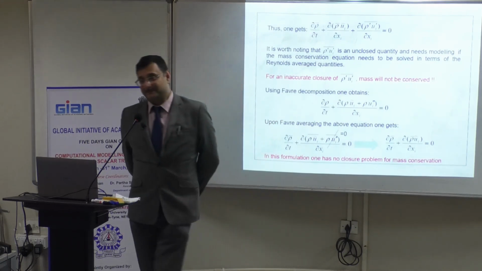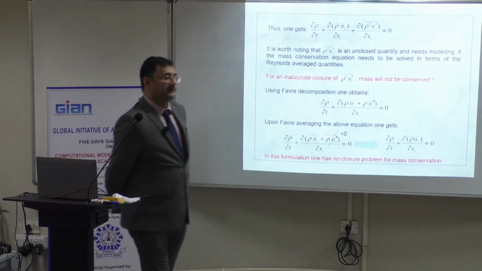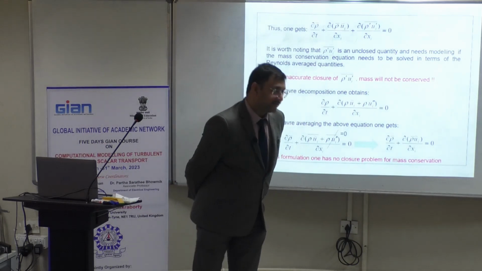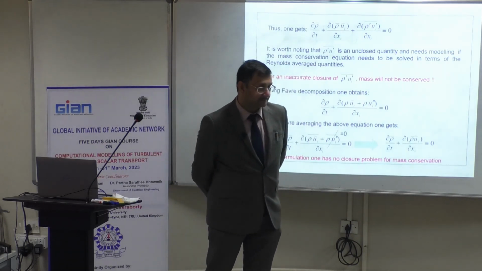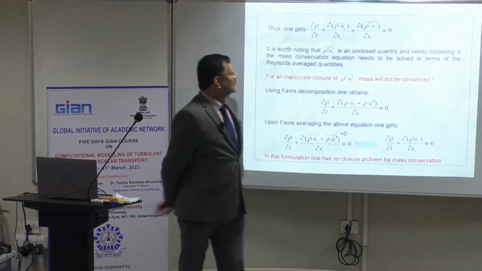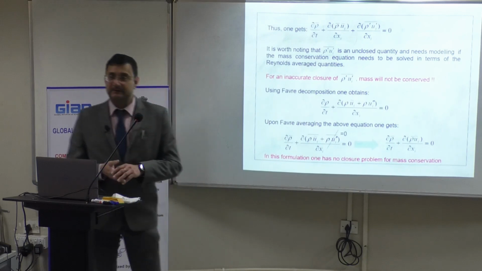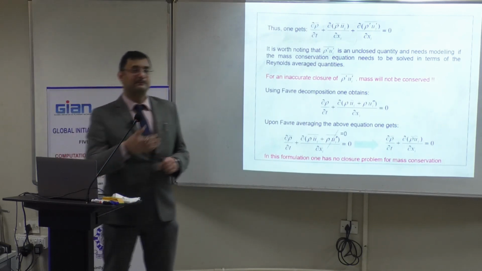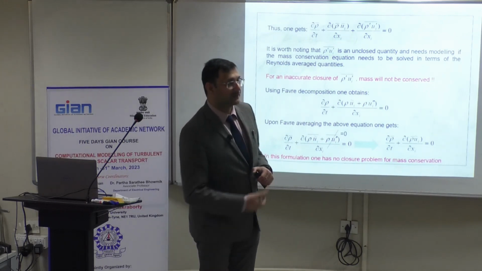Now, where is the problem? Yesterday, I told you that in the Reynolds averaged Navier-Stokes simulations, you solve for the mean. So when you actually get the solution, you get all the mean values like mean velocity, mean temperature, and so on and so forth.